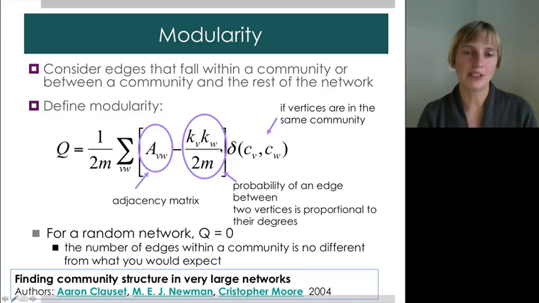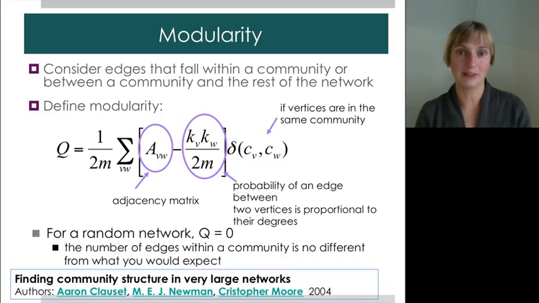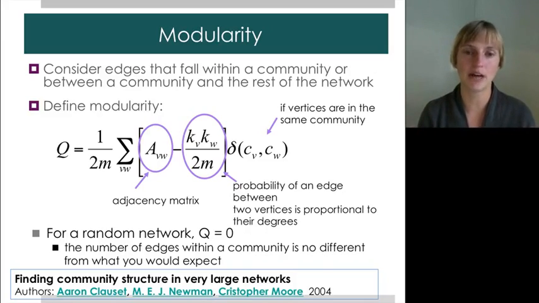And so just by chance, these two may have linked to each other. The higher their degree, if they're two really large hubs, there's relatively higher likelihood that they'll be linking together than if they each have degree 1. And so that's just what we're doing. We're looking at the actual number of links within the community versus how many links you would expect based on the degree of those nodes that have been assigned to the same community.